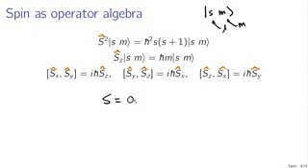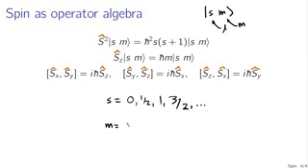s could be 0, or 1/2, or 1, or 3/2, etc. And I should really distinguish this as a lowercase s to distinguish it from the uppercase S's, which are operators. And m, the other quantum number, can vary from -s up to s in steps of 1. So this is the spin setup that we're going to be working with.